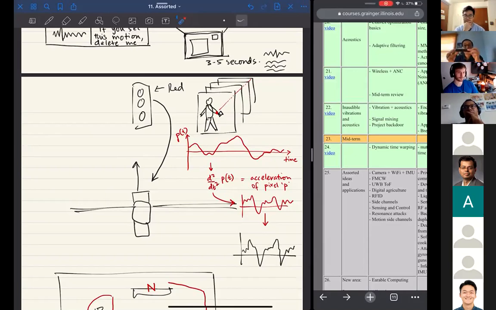If my phone is oriented like this and moving like this, versus my phone is oriented like this and moving like this, if I take acceleration x square plus acceleration y square plus acceleration z square, square root, that value is not going to change based on the orientation, because that's my phone's net acceleration. Right? AX, AY, AZ might be different, but the length of that vector AX, AY, AZ is going to be fixed. Right? So you want to create the signature that is orientation agnostic.